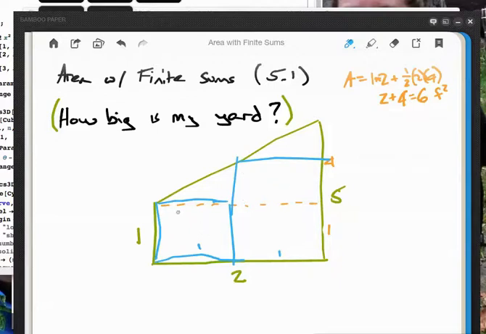Looks like this is 1 to 5, and this is halfway, so that's 4. So this is like 3, maybe. So if we do it this way, it's 1 by 1.